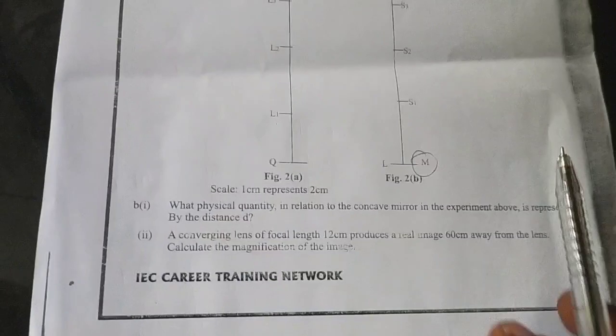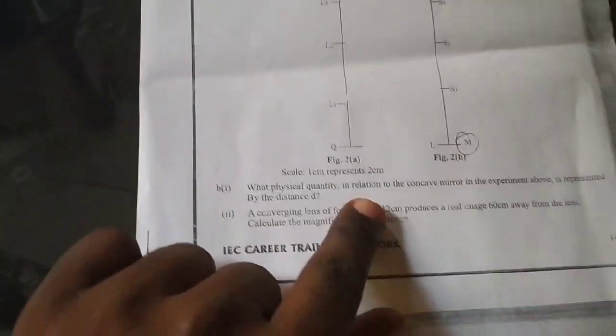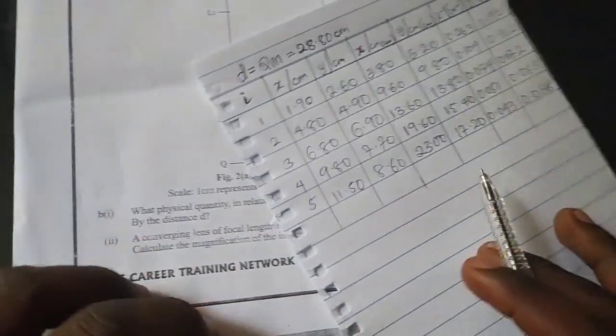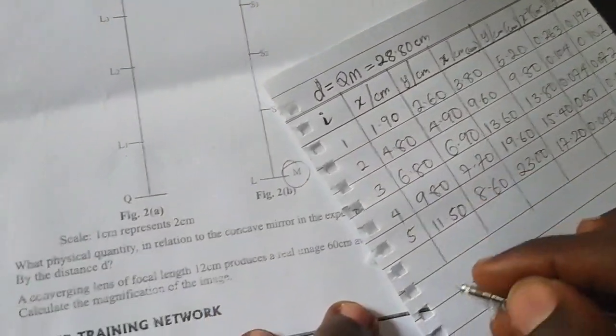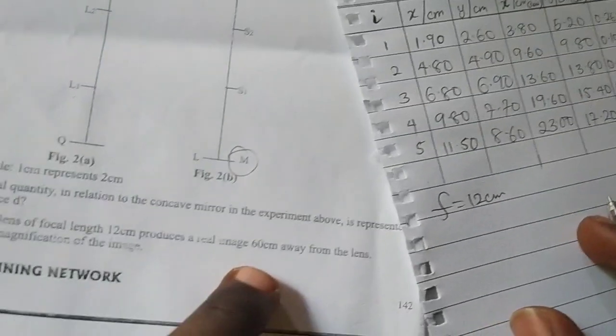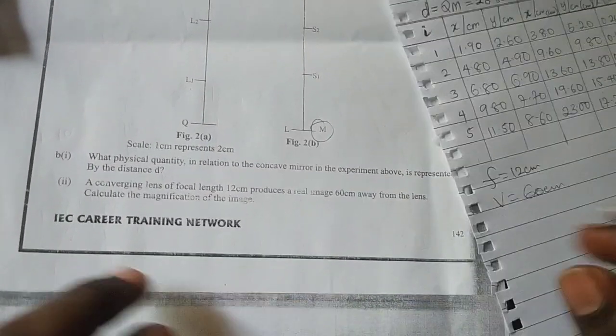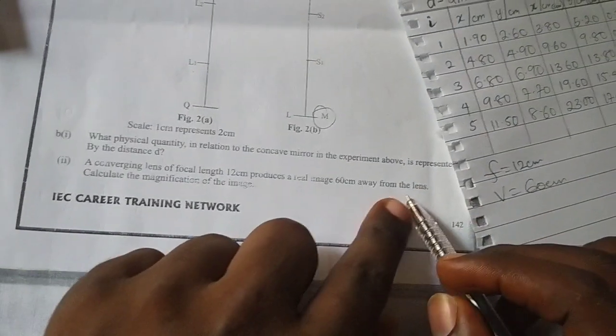So what's the next one? A concave lens of focal length 12 centimeters. So you have to do all this calculation. So focal length F, that's what? 12 centimeters. Produce a real image 60 centimeters from the lens.